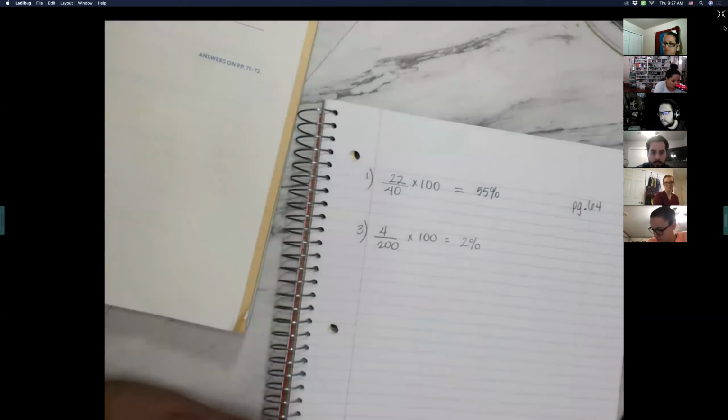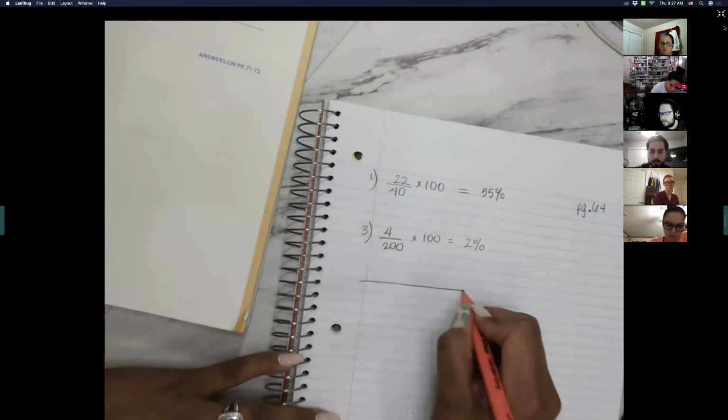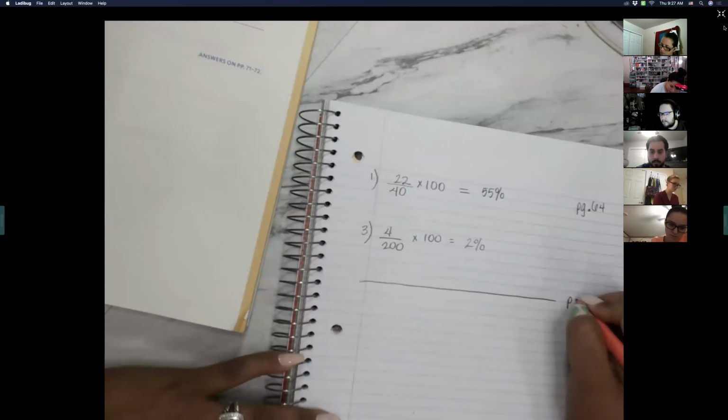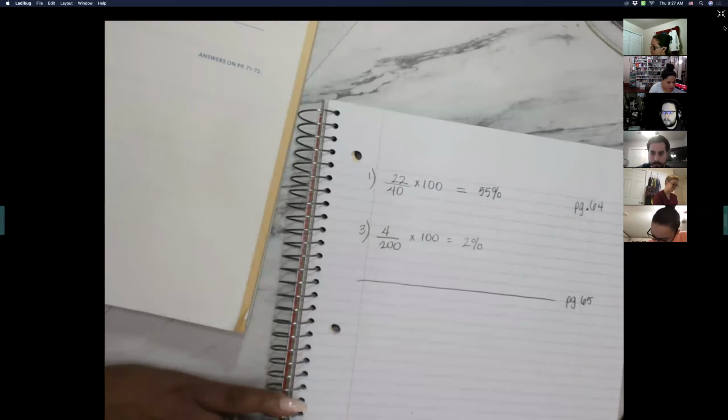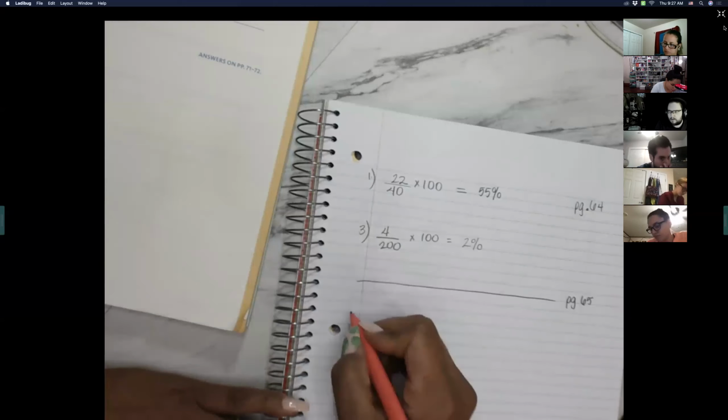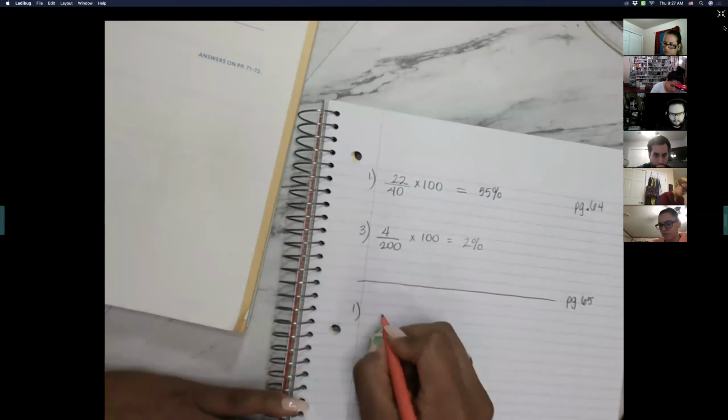Okay. So the next section, and this is on page 65, is phrased differently. What is 25% of 478? So number 1, we want 25% of, which means times, 478.